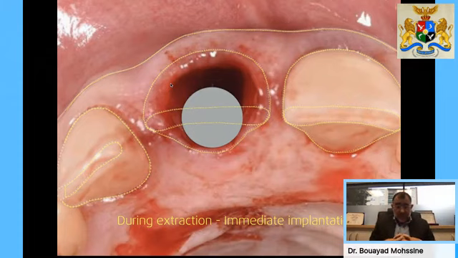We have to place our implant in a good position, especially in the aesthetic zone. We have to place it in palatal position, and we have to preserve the area in the vestibular zone by implanting a bone graft in the alveoli.